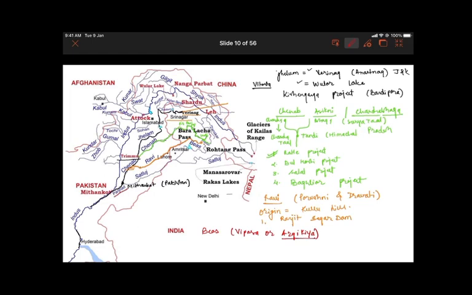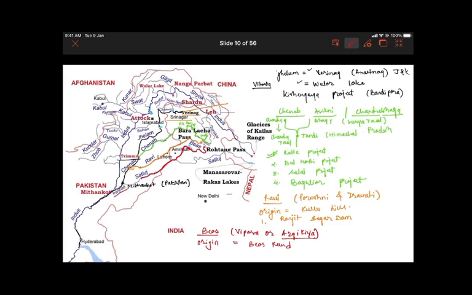So the source or origin of Beas river is the Beas Kund, and Beas Kund is in Rohtang Pass. Near Rohtang Pass, it is flowing through Punjab and then flowing in Pakistan.